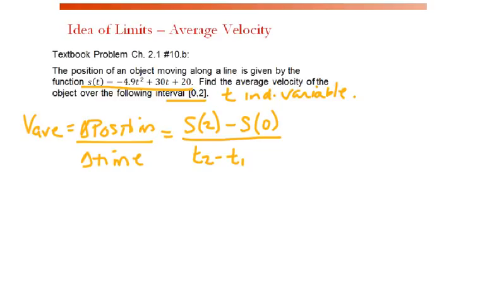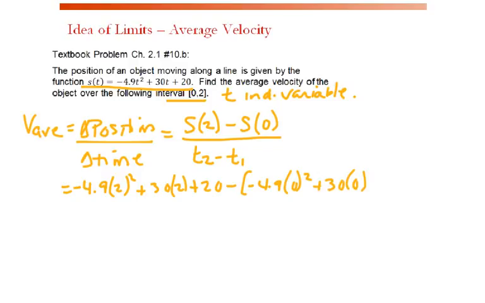So if you didn't have a graphing calculator that you could put this function into and just get the value of it at 2 and at 0, you would substitute in. Right? So you would do it by hand as such. And I just want to show you where it's coming from, but certainly you can use your graphing calculator for ease of the numerics. But this is essentially what you need to do.